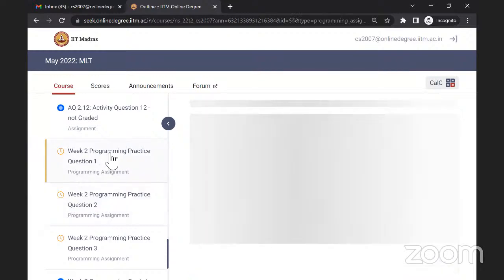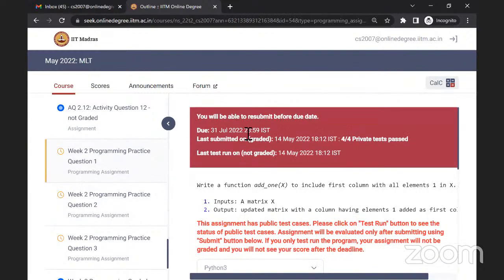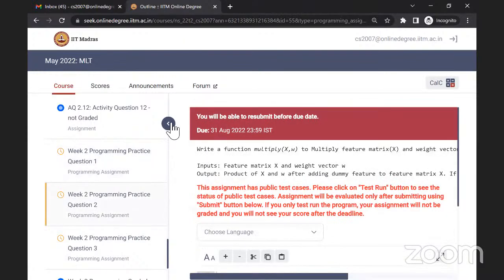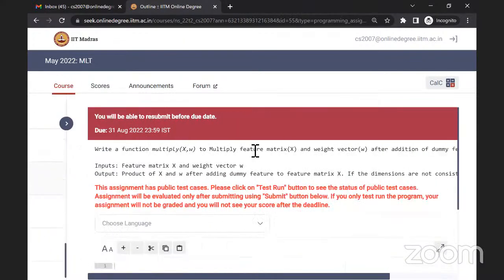Any questions so far up to question number 1? All right, let's go to question number 2. Write a function multiply(x, w) to multiply feature matrix x and weight vector w after addition of a dummy feature. The inputs will be feature matrix x and weight vector w.